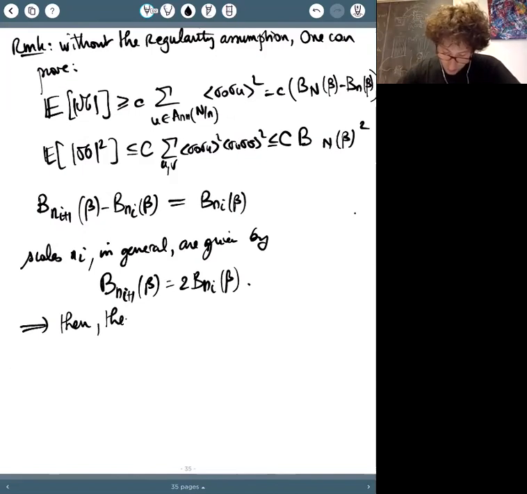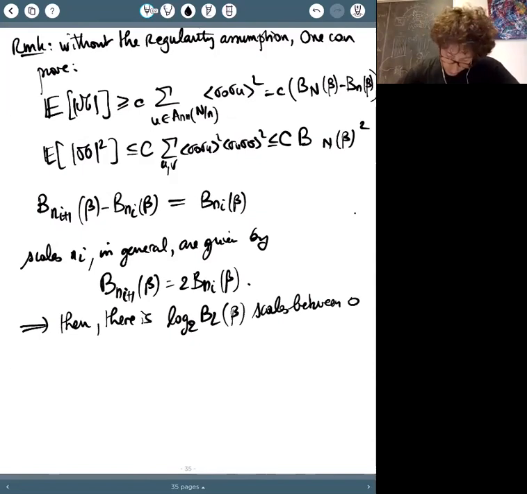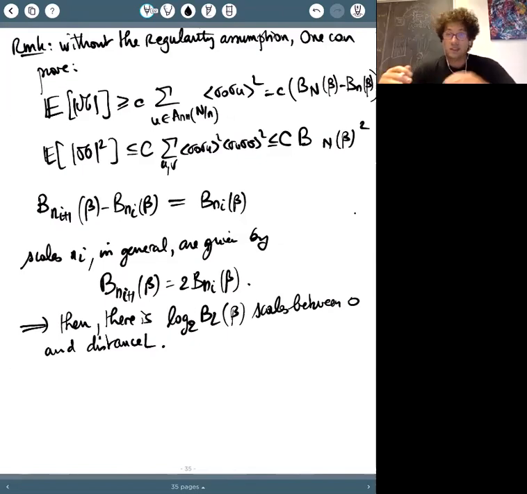Well, there is exactly log_2 of B_L(β) scales between 0 and distance L. Right? Because the bubble diagram is multiplied by 2 every single time you change scales. So you have exactly log_2 of B_L(β) scales.